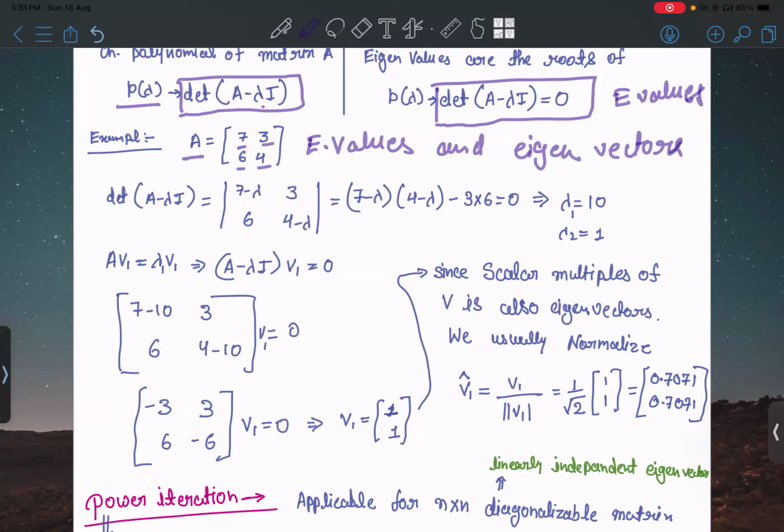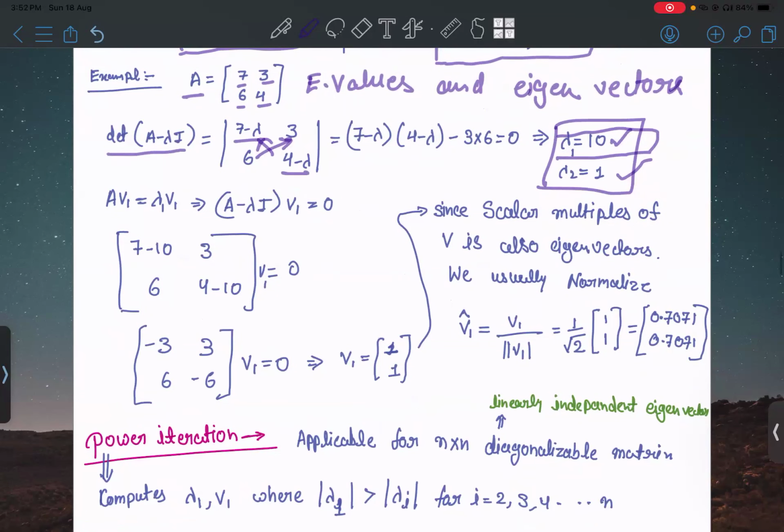First I will write the determinant of A minus lambda I. A minus lambda I is 7 minus lambda, 3, 6, 4 minus lambda. To find this determinant, this is multiplied by this minus this multiplied by this. This will lead to lambda 1 equal to 10, lambda 2 equal to 1. These are my eigenvalues. This is the higher value, so this is my dominant eigenvalue, and this is my other eigenvalue.